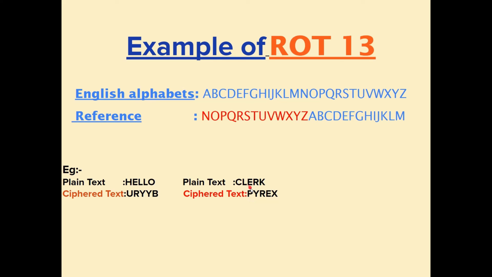Similarly, L gets replaced by Y, E gets replaced by R, R gets replaced by E. Now, a clarification: if R is the 13th letter from E, E is also the 13th letter from R, and vice versa. And then K gets replaced by X. Anytime you can go up to this lookup table and verify it yourself. Now clerk gets replaced by Pyrex.